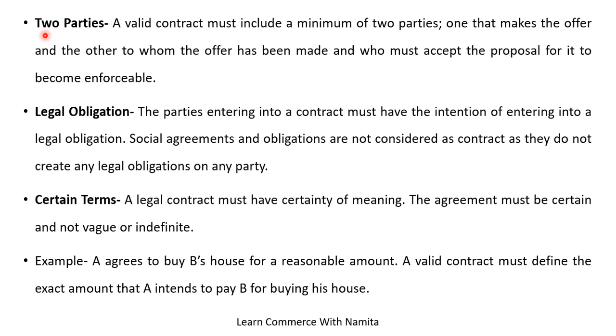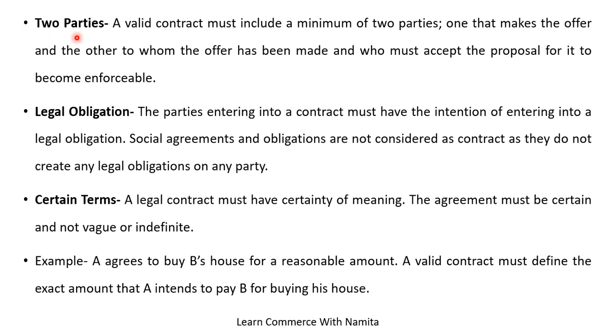Next element is two parties. A valid contract must include a minimum of two parties. That means one person should make the offer and the other person to whom the offer is made should accept it, to become enforceable.